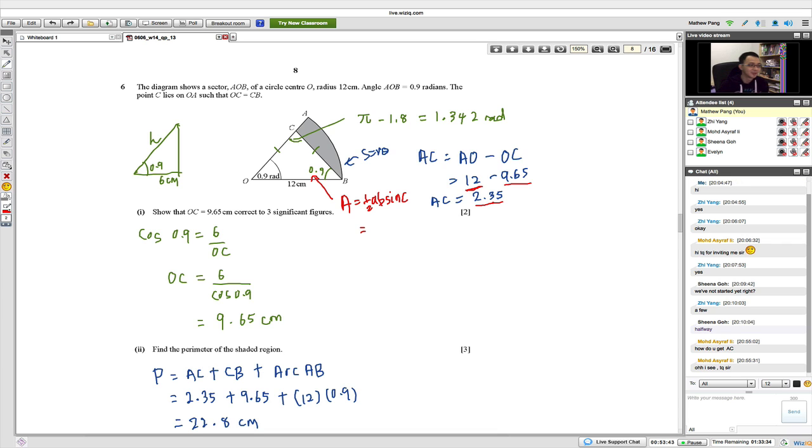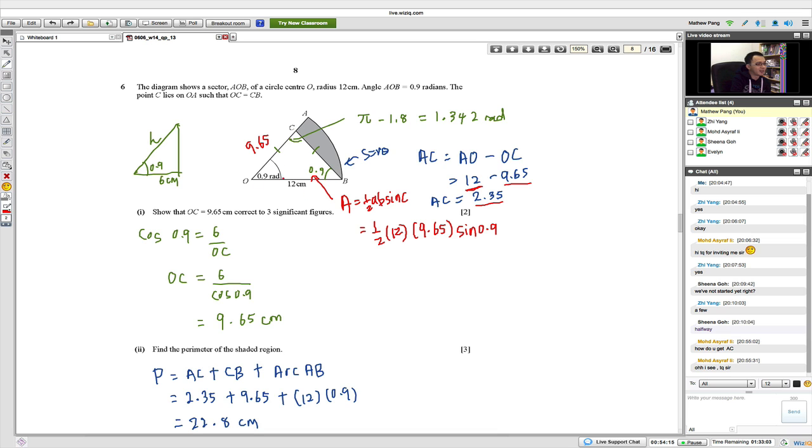Okay, so I will use area of sector minus the triangle. For the triangle, I can use any two lengths I want. Maybe I will use 0.9, it's easier, and this is 9.65. So the area of triangle will be half times 12 times 9.65 times sine of the angle in the middle, which is 0.9. This is how I find the area of triangle: two sides and one angle in between.